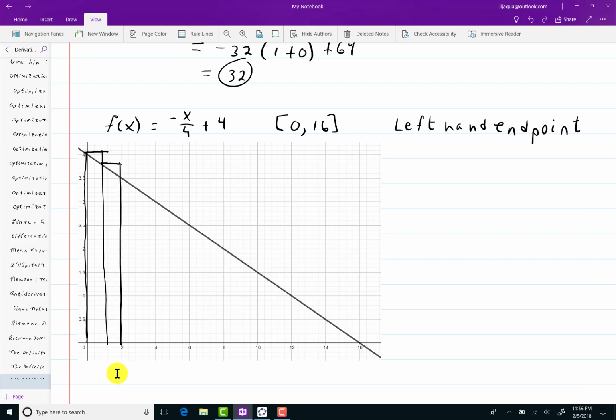And once again, I'm really not that interested in drawing a bunch of these. I'm just interested in, say, getting to the point where I have xi minus 1 and xi. This time I'm going to have xi minus 1 to xi.